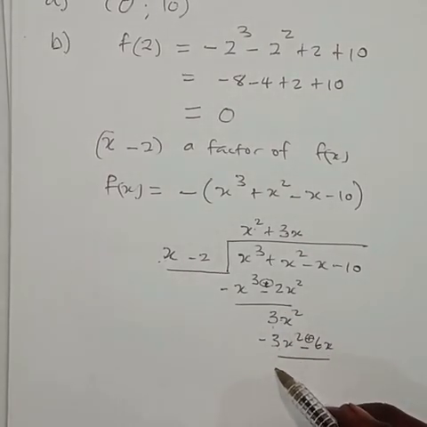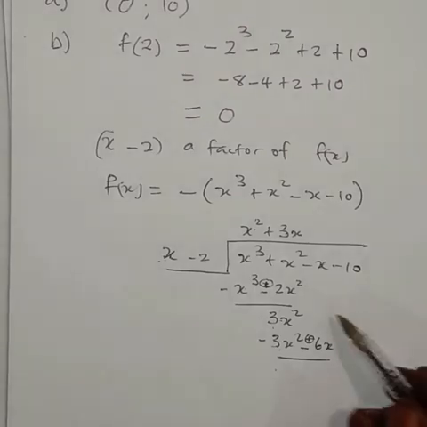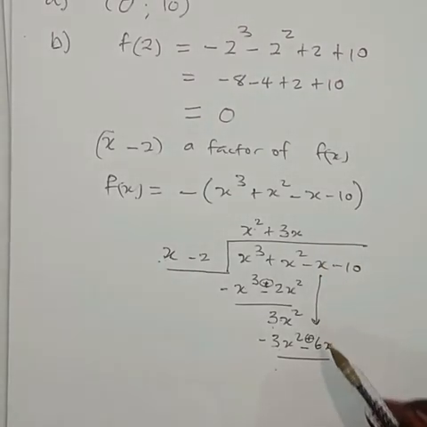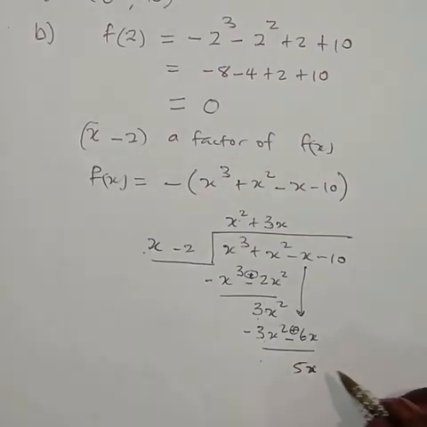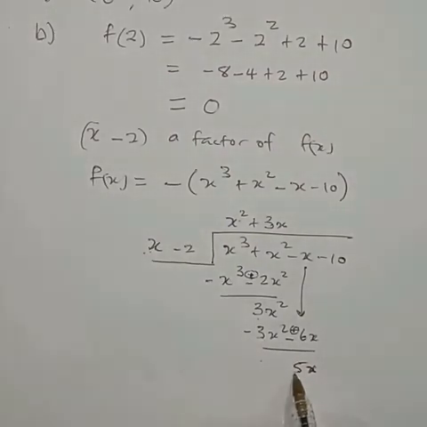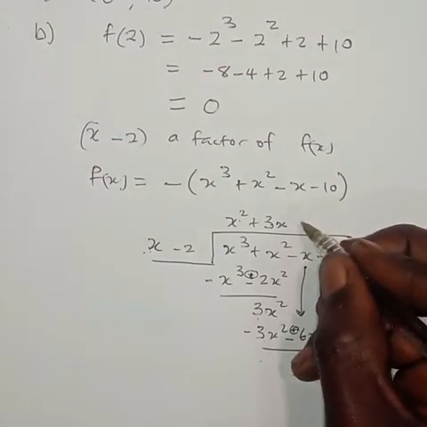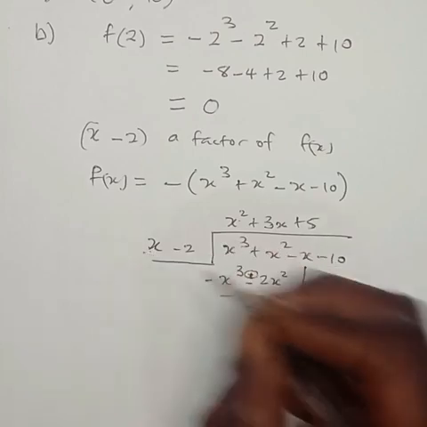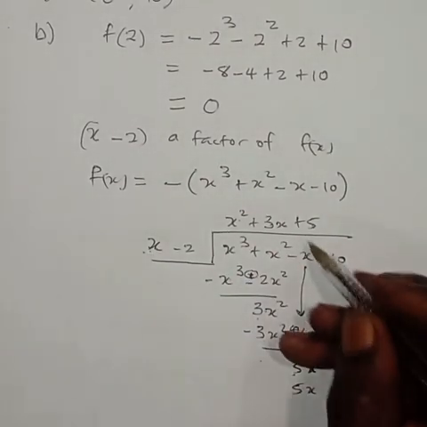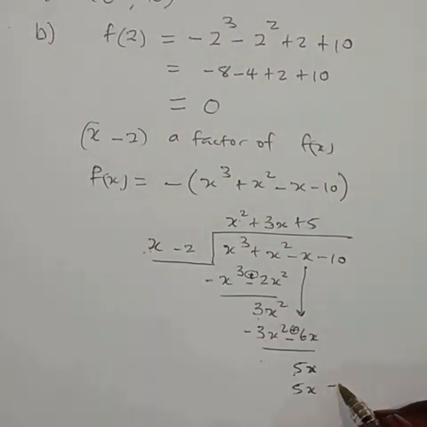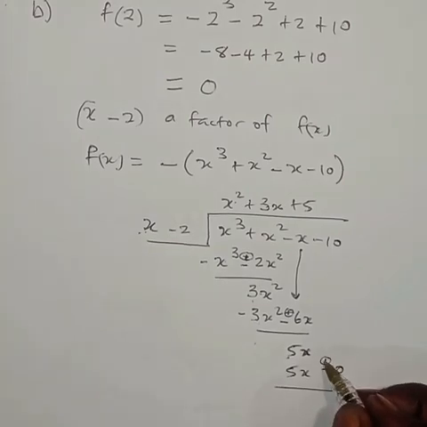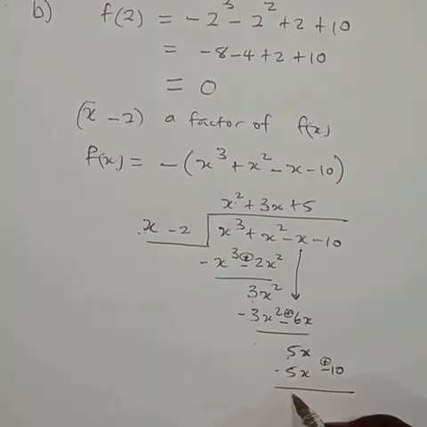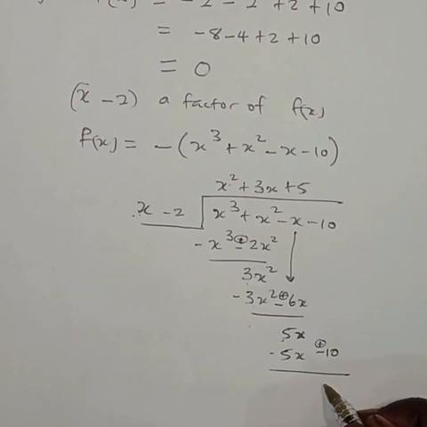Adding this up gives 0, so I don't need to write that down. Then I add these ones, 6x minus x, and I get 5x. Now I divide x in there, I get a plus 5. I multiply again, I get 5x and a minus 10. Then I change the signs, get a 0 here, and a 0 there.